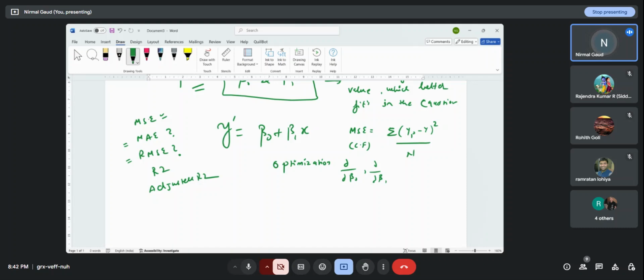So in that case, we can avoid MSE and use RMSE or MAE. Then R2 and adjusted R2, these two show the variance of data.